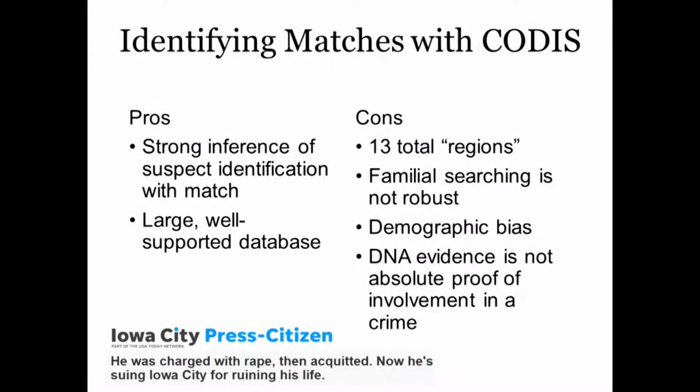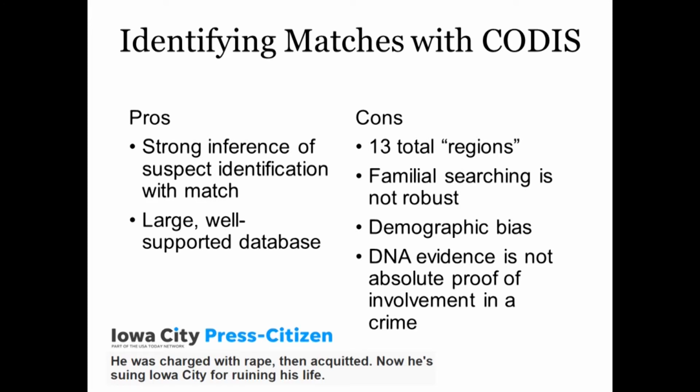There's a demographic bias, so depending on the likely ethnicity of your suspect, you may be more or less successful in identifying a potential suspect. And DNA evidence is also not absolute proof of involvement. There's actually a local example where a man was charged with sexual assault due to the presence of a single sperm cell on the victim of a sexual assault case. The circumstances were that the victim was at the suspect's apartment.